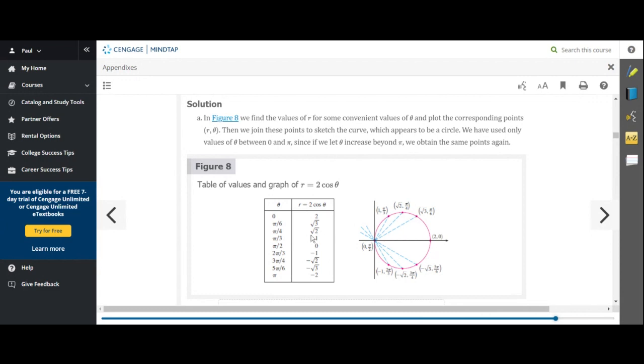The next polar coordinate is root 2, comma, pi over 4. From the x-axis, you measure an angle of 45 degrees, and then you move out from the origin a distance of root 2, which is 1.4. And then the next coordinate, 1, pi over 3: from the x-axis, you measure an angle of 60 degrees, and then move forward from the origin a distance of 1.